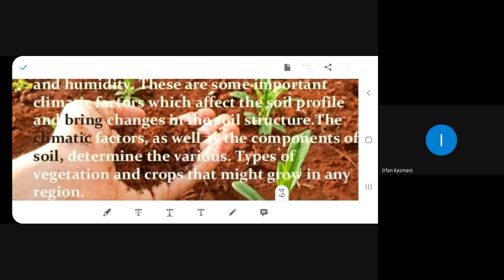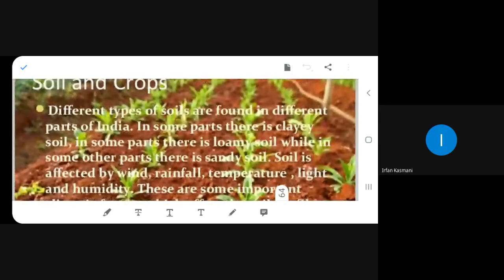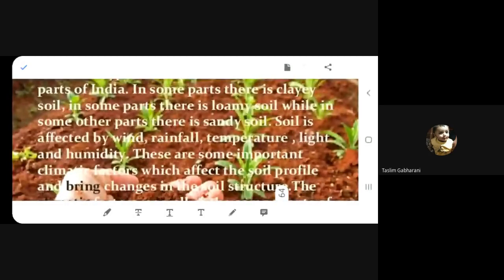Thank you, beta. So what is the relation between soil and crops? We grow crops depending on the soil. Because we are getting different types of soil, India is a huge country. It's a very big country. So we have all types of soils present in India. Let's say in some parts we get clay soil, somewhere we get loamy, and in others we get sandy soil. Now the formation of soil, we already know, is affected by wind, rainfall, temperature, light, and also humidity.